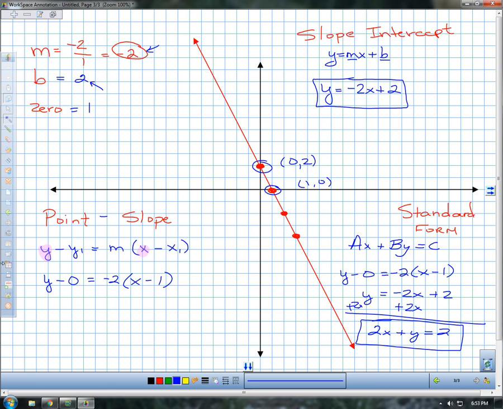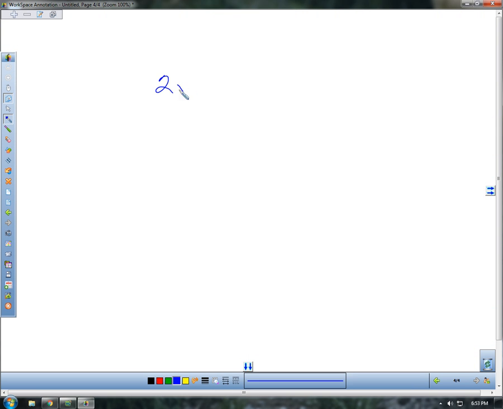Okay? Now, one more thing, and then I'll be done for this one. We've got 2x plus y equals 2. This is standard form. Now, I know it seems silly to go back and forth between forms, but this is something that we've got to be able to do in order to work some of the problems we need to work.